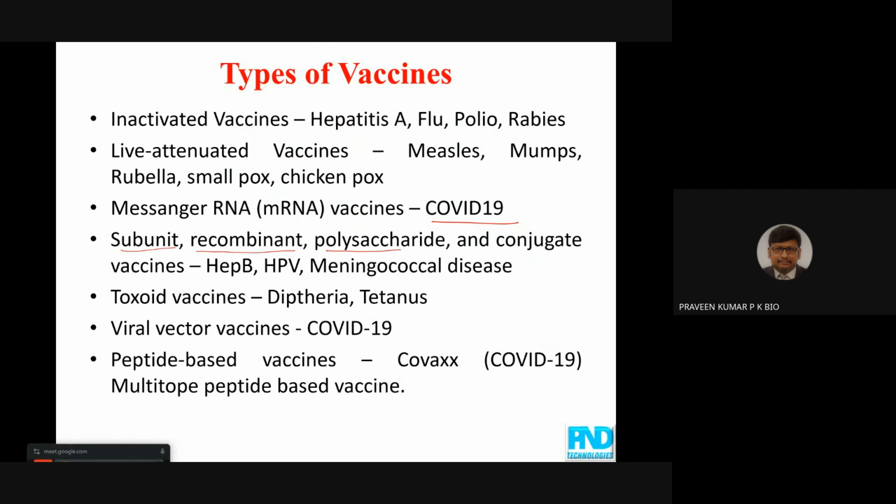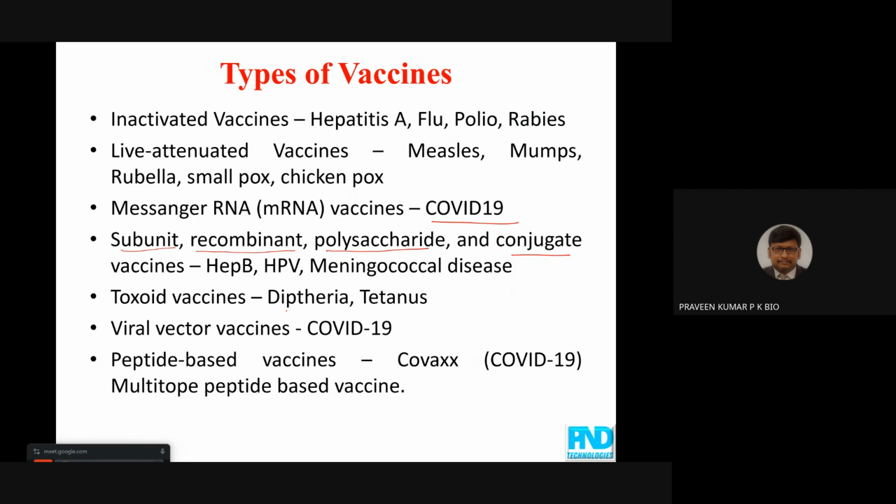So polysaccharide vaccines and conjugate vaccines. So conjugating one protein with polysaccharide, one protein subunit with another subunit. So these are conjugate vaccines. Examples are hepatitis B, human papillomavirus, meningococcal disease. Toxoid vaccines: the toxoids produced from the bacteria can be used for treatment of the pathogens.